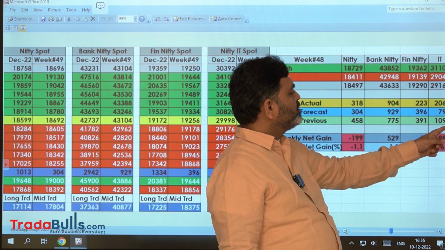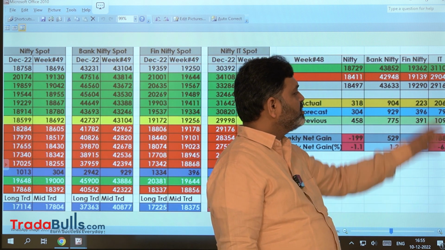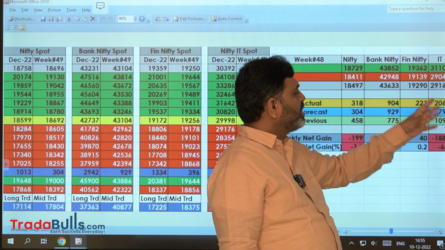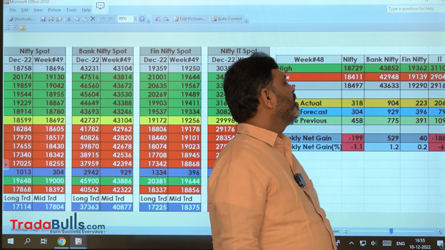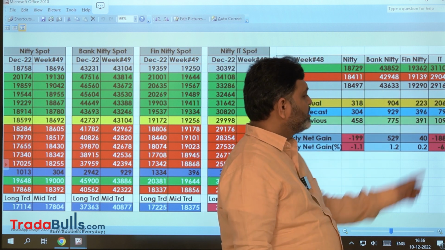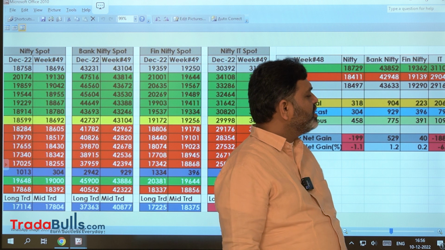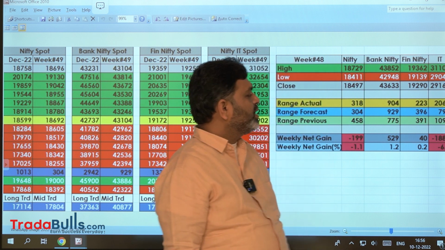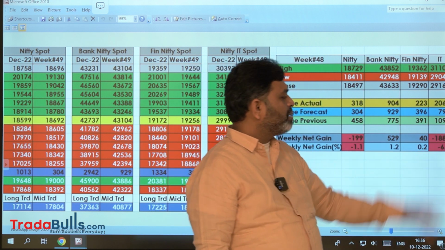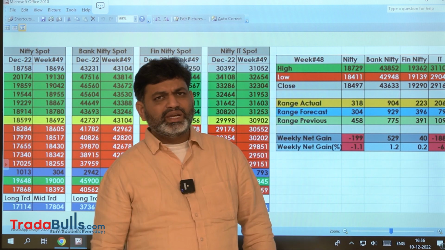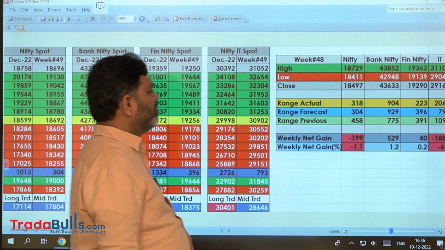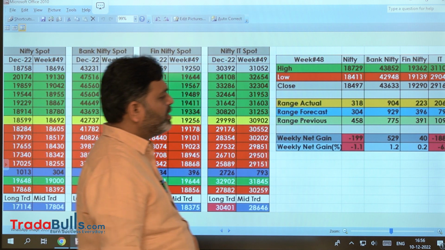The previous week's range was also about 1,100 points, but almost 50% extra fall happened than what we anticipated. Overall about 1,900 points net loss happened in IT, which is equivalent to more than a 6% negative fall in IT.